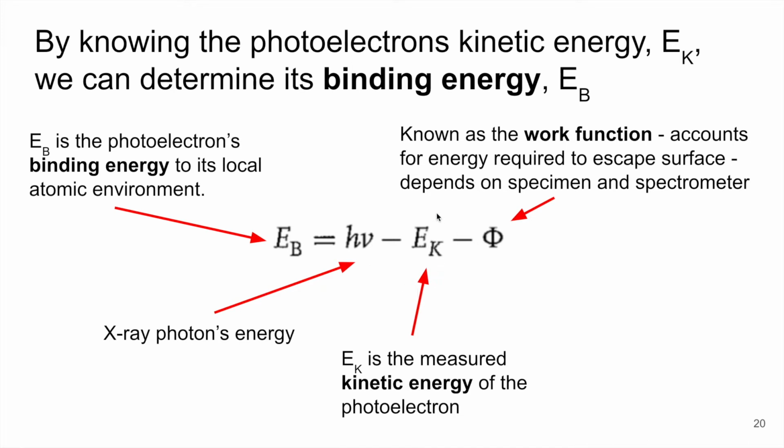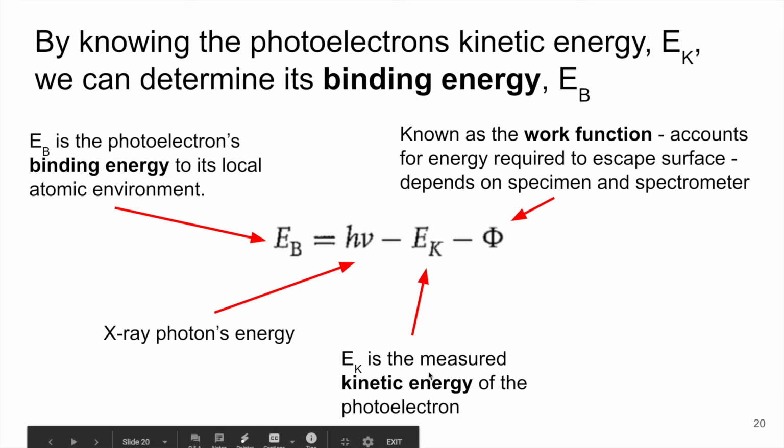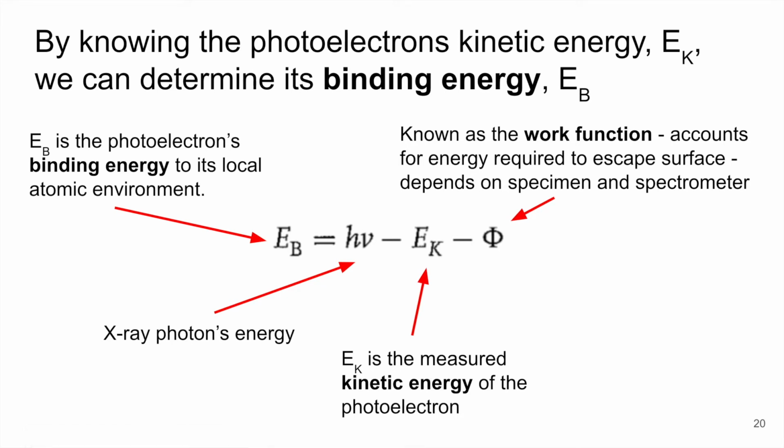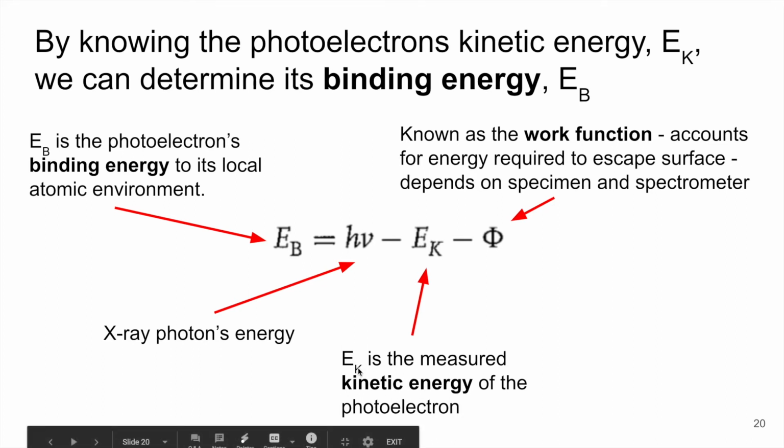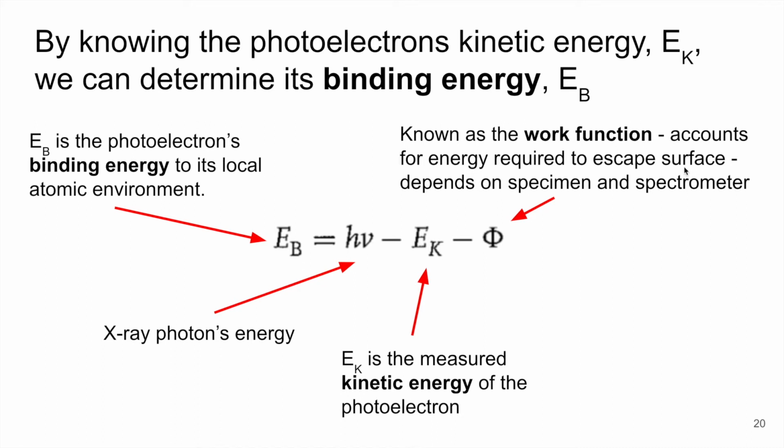And then the thing that we actually measure in XPS, this technique, is the kinetic energy. We have a detector somewhere that's measuring the energy of that electron when it hits the detector. We term that E sub K, for kinetic energy, the kinetic energy of the photoelectron. The last piece of this that we have to almost correct for accounts for the energy that's required to escape the surface.